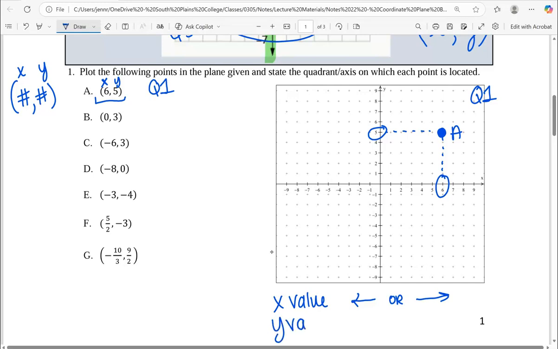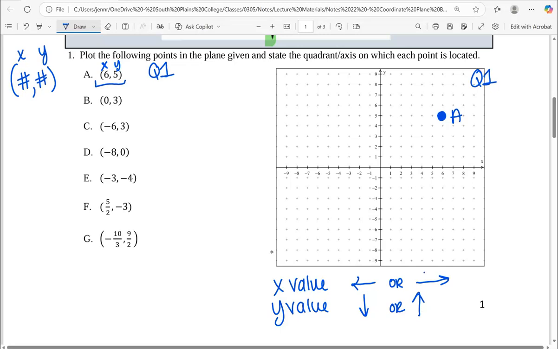The y value is taking you either up or down. So the positive 5 says, hey, after you move to the right, now go up 5 spots to place your point. It requires both moves to find one ordered pair, kind of like latitude and longitude on the map.